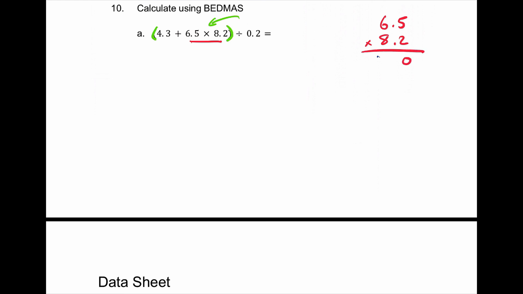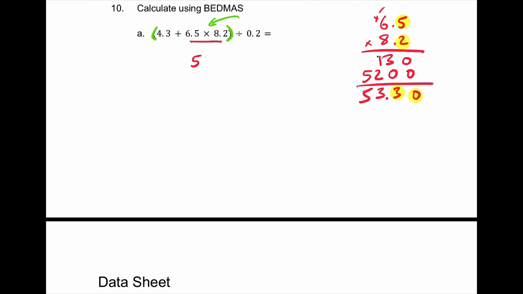And 2 times 5 is 10, 12, 13, 0. That's going to be 40, carry the 4, 48, and 52. So we got 0, 3, 3, 5. Now don't forget we have two digits behind the decimal, so in my answer I need to have two digits behind the decimal. So that ends up being 53.3.